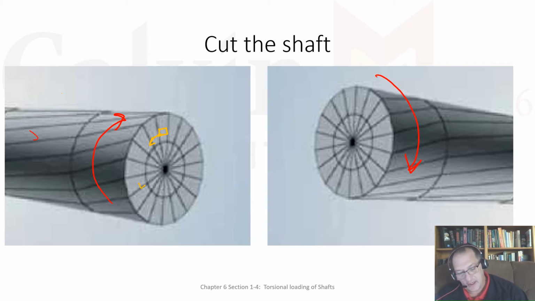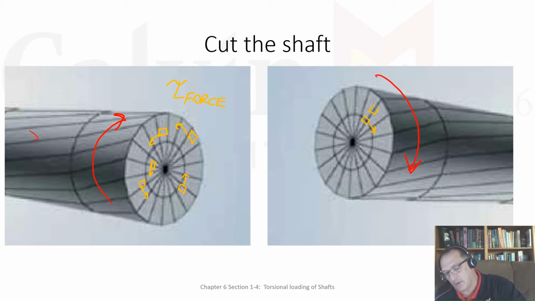And if I draw another one, I've got it going that way. I need to draw it at different radiuses. But wherever I would draw, I would have these little forces, and they're shear forces. And on the other side, they're going the other way.